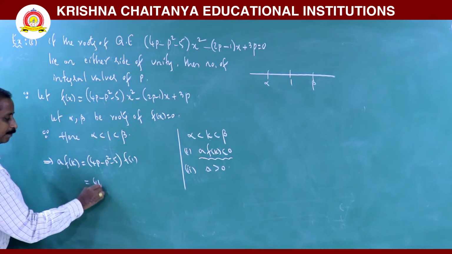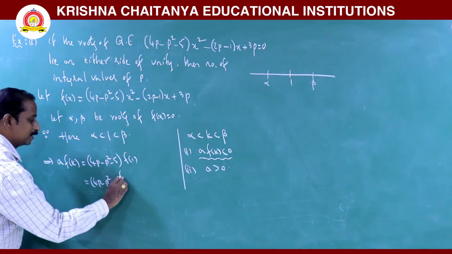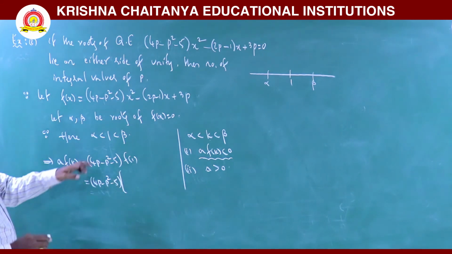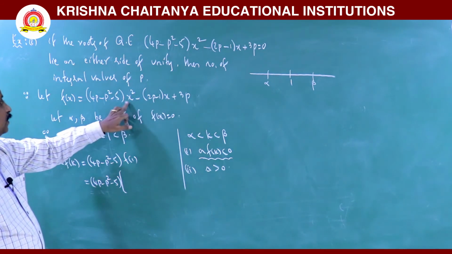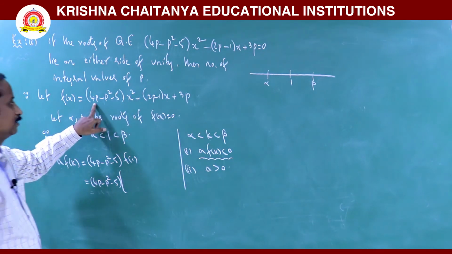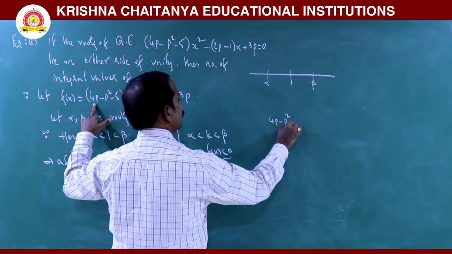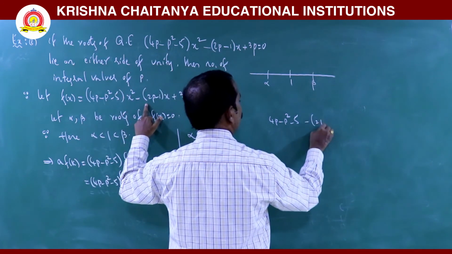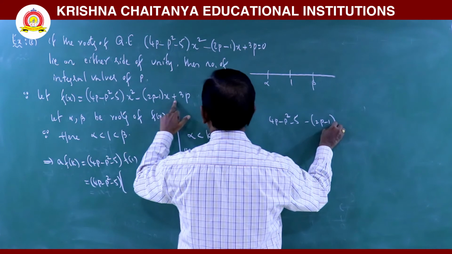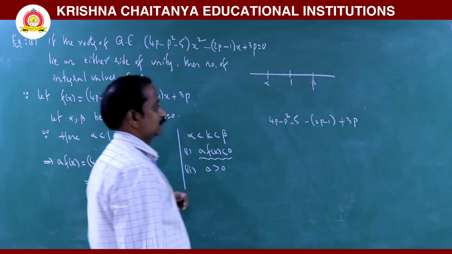F of 1 is nothing but replacing x by 1: 4p minus p square minus 5 minus (2p minus 1) into 1 plus 3p.